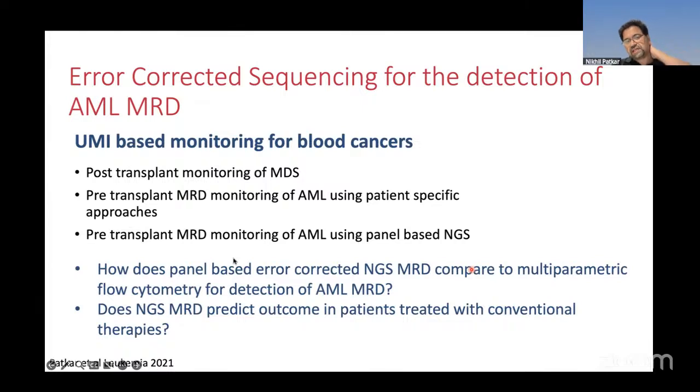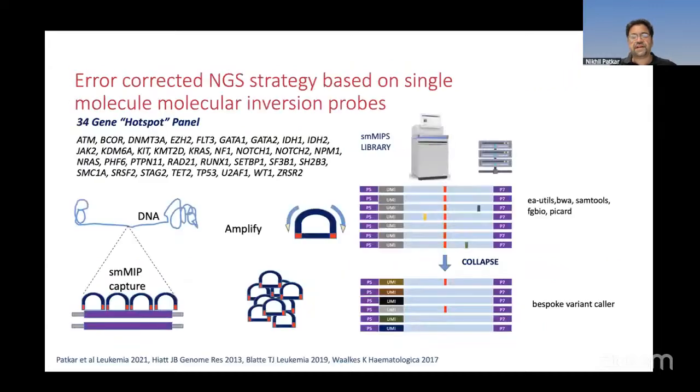We wanted to ask a clinical question: what happens when you compare flow cytometry with NGS MRD, and does NGS MRD help in predicting outcome in those patients?